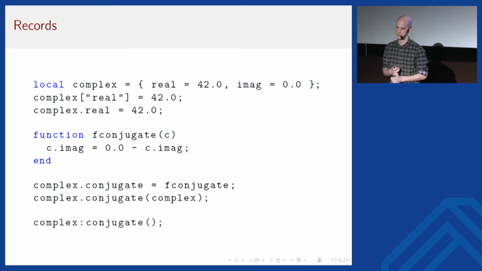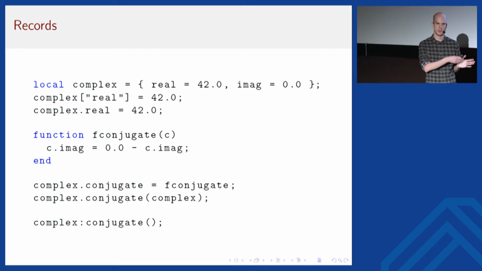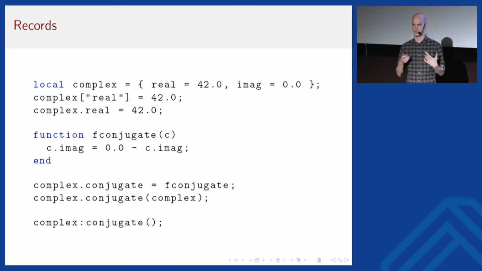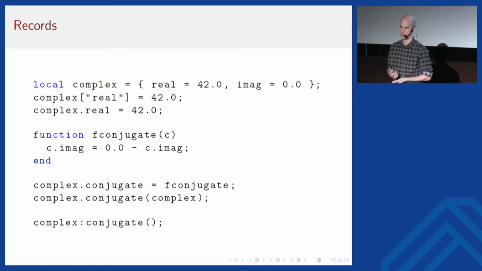That's why Lua offers another syntactic sugar construct, which is the colon operator, which pretty much does exactly that. It just takes the table that you invoke the function on and passes it to the function call as the first argument. And that's a very nice way how you can realize member functions without having to model them explicitly in the language somehow.